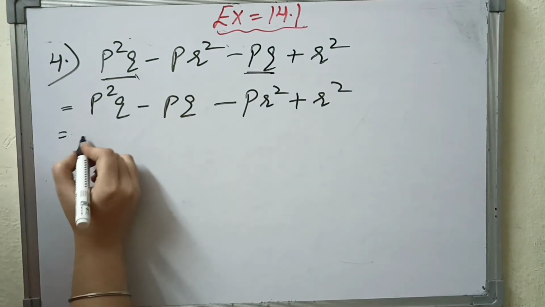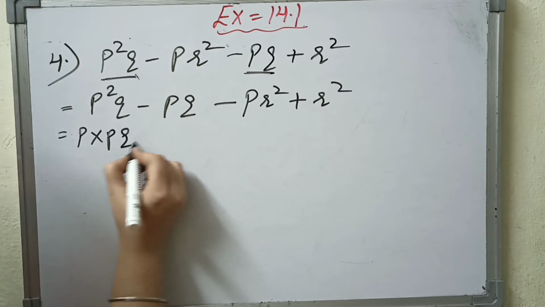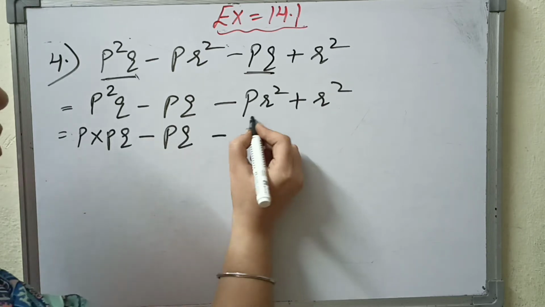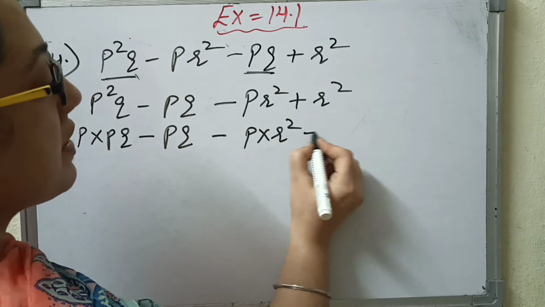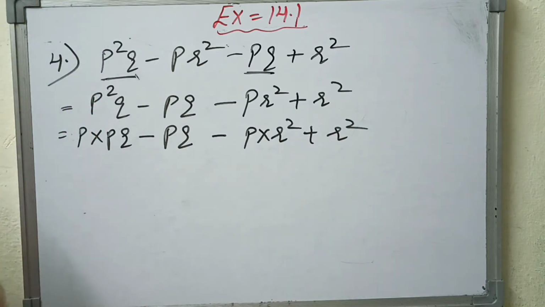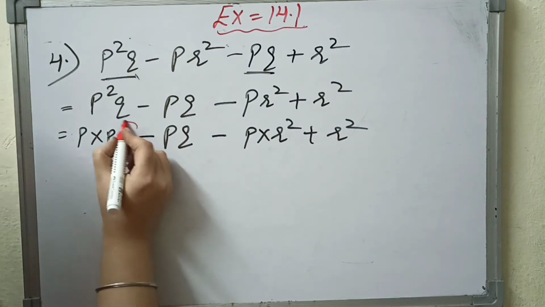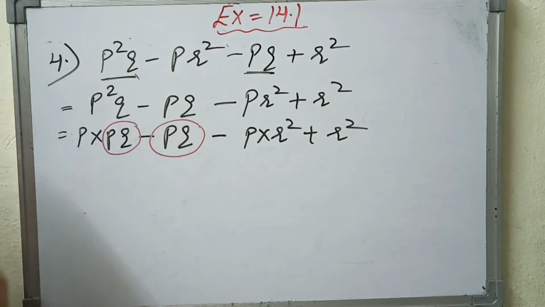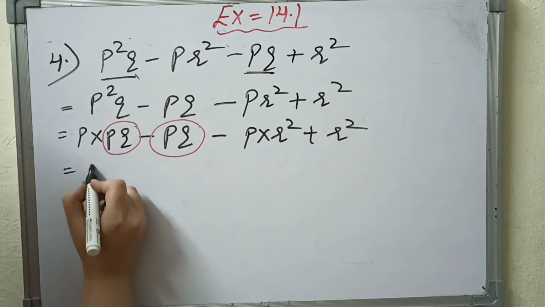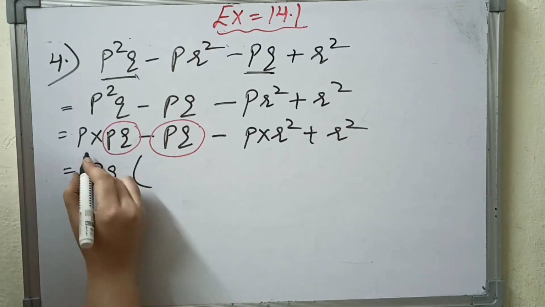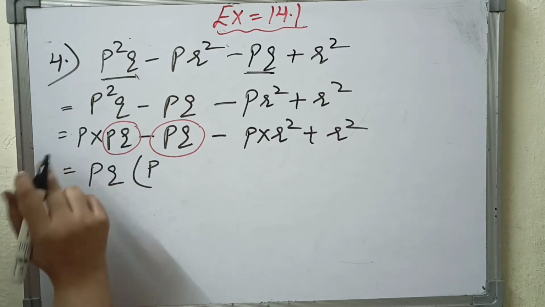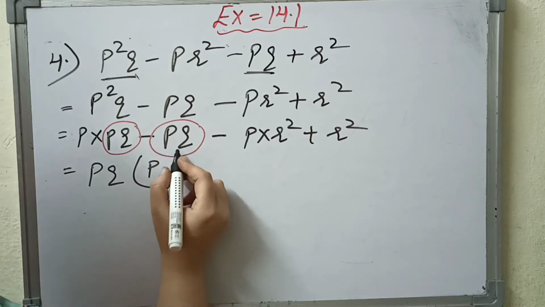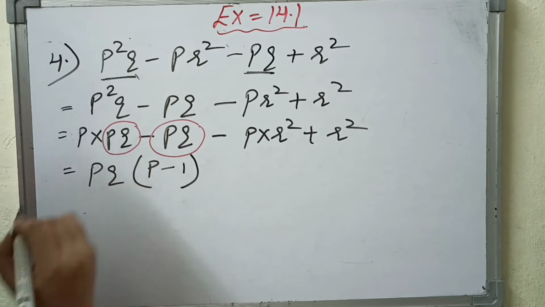Now p square q can be written as p into pq. It is pq into p minus r square plus r square. In the first two terms pq is common, so we write pq outside the bracket, and inside the bracket the first term p is left, and from the second no term is left, so we write 1.